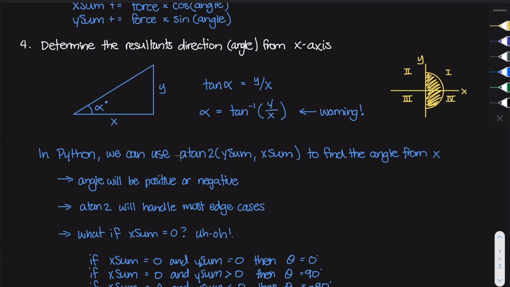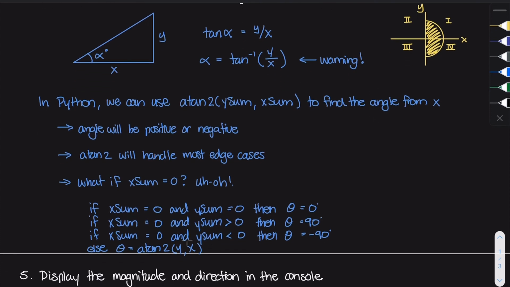We have to use this method atan2 and pass in the y component and the x component of the resultant vector. And this atan2 method will take care of figuring out which quadrant that resultant vector is in. Because again, regular arctan is only going to give us an angle value in the first and the fourth quadrant. It's not going to consider the second and the third quadrants.